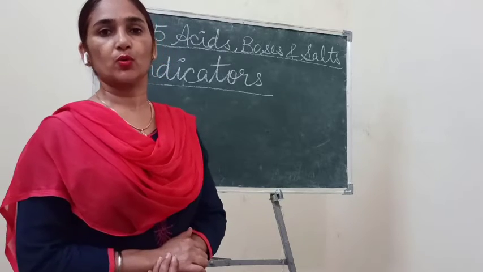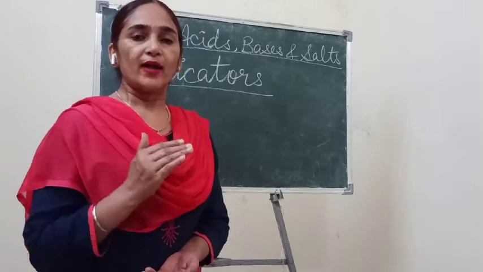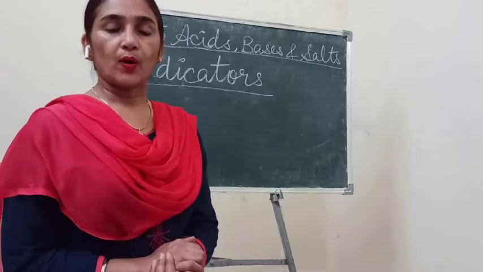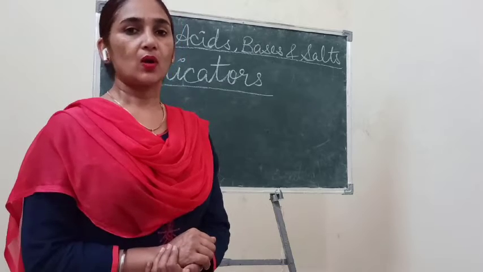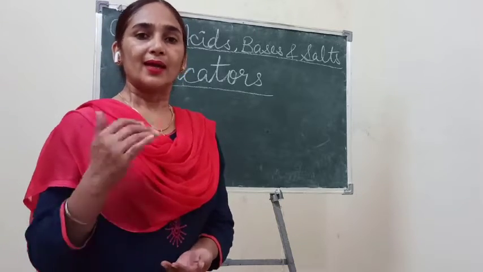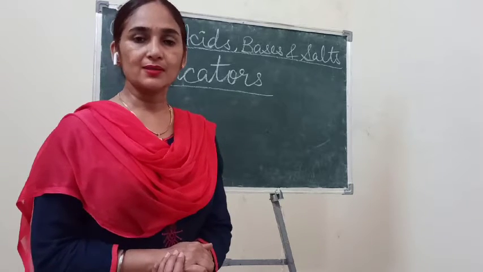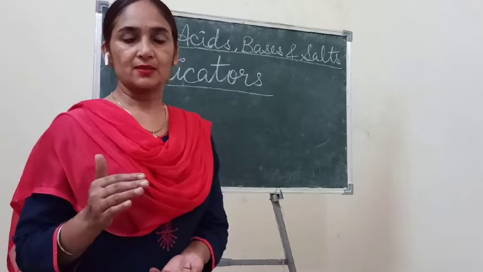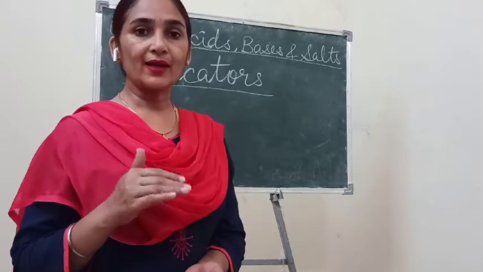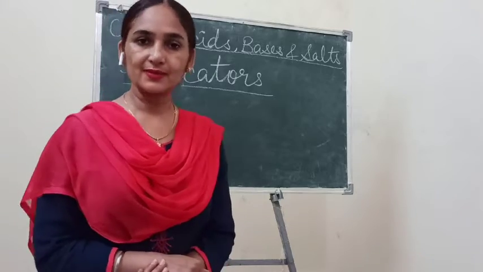When we apply soap on turmeric, a natural indicator, it tells us that soap is basic in nature. We know that soap is a base, but we can detect it through this activity.